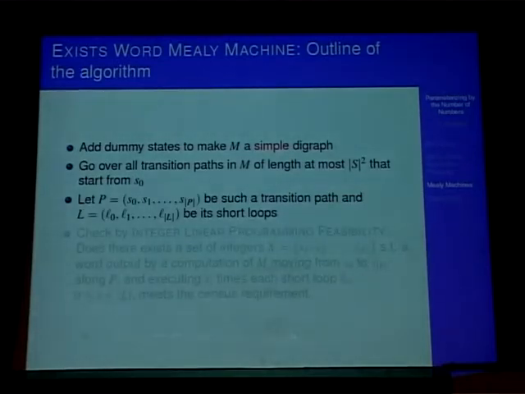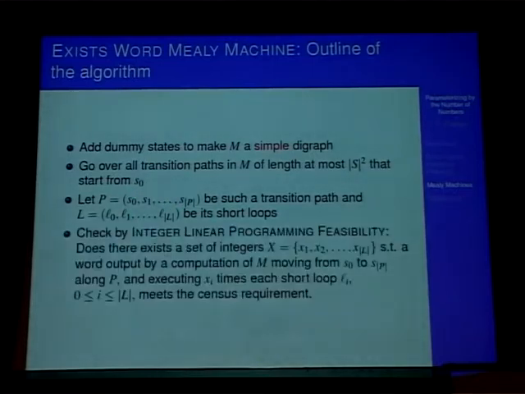Okay, so we look at such a path, and then we go over all short loops that occur on this path. And then we again check by integer linear programming if there exists a set of integers x_i, where each of these x_i's tells us how many times each of these loops is executed.